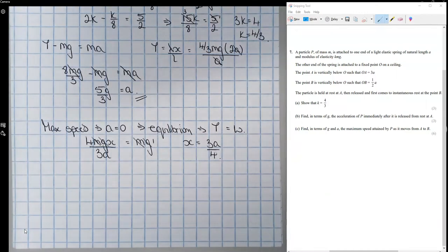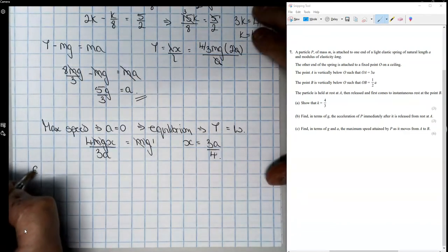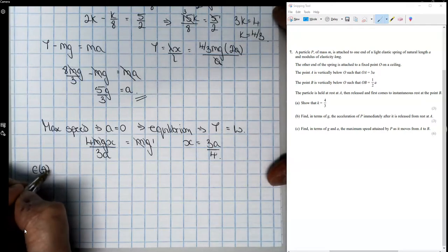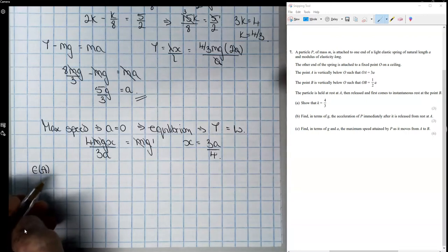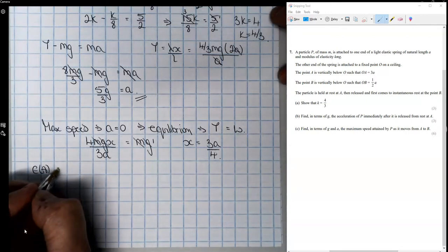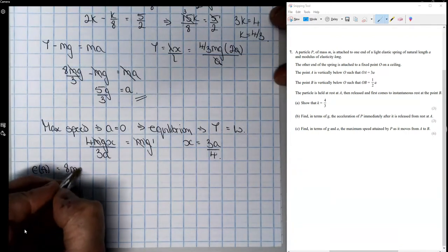Now we need to find the velocity. So what we're going to do is find the energy at A, we know. So energy at A we did earlier, 8mga over 3.